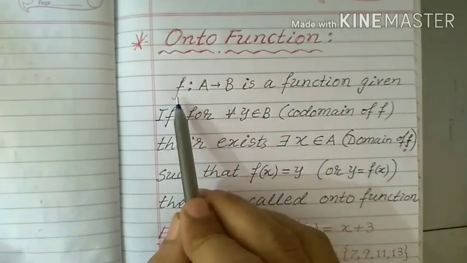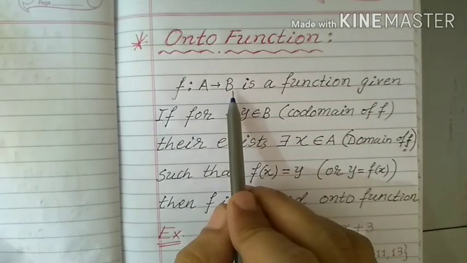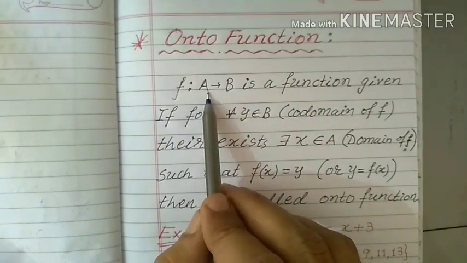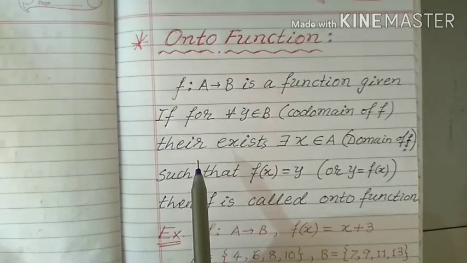If a given function is f: A to B, where A is the domain and B is the codomain.